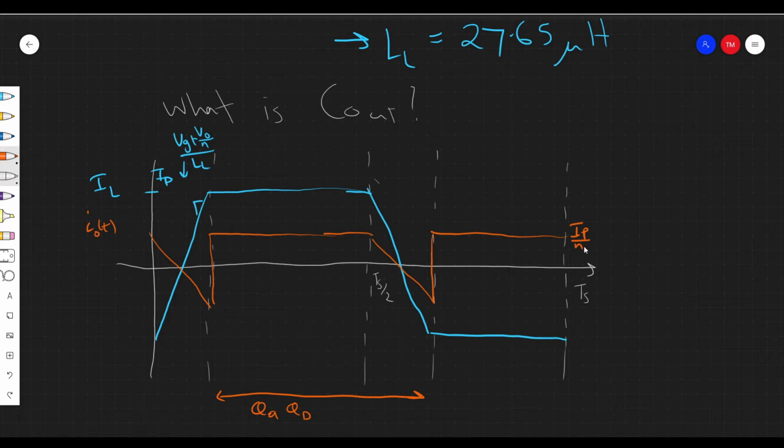This is the time variant rectified current going to the output capacitor. We also know that the output current is some constant value, somewhere here. This is I out.